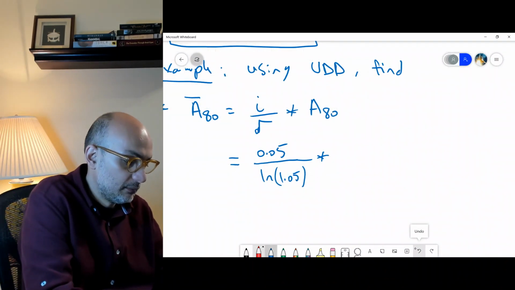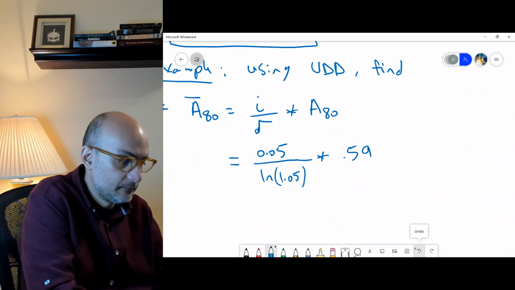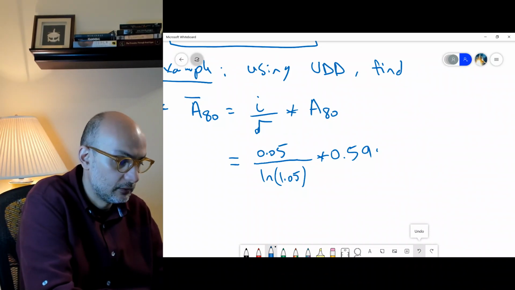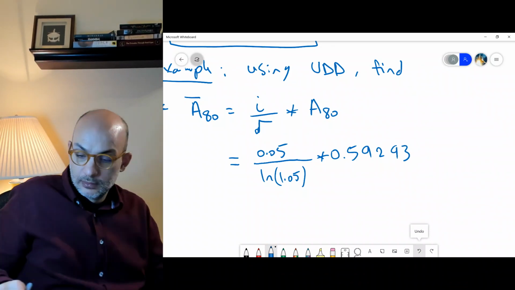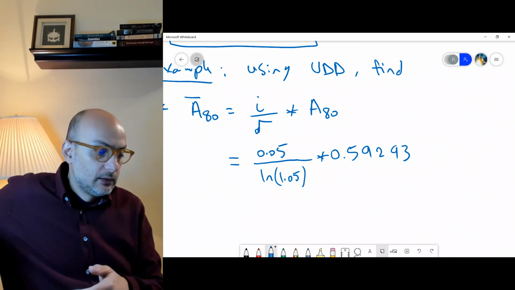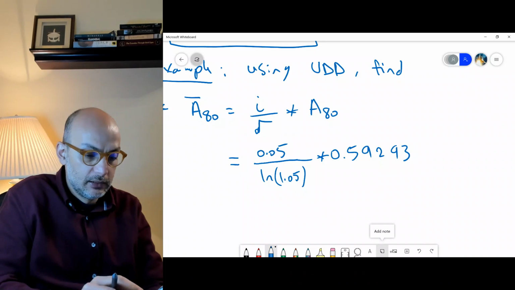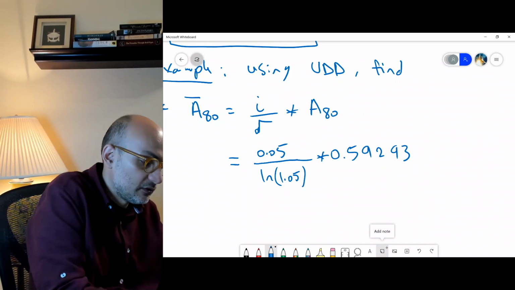Now we need to multiply it by 0.59293. If you calculate this one, and usually I do it quickly, 0.05 divided by ln 1.05 will give us 1.02.